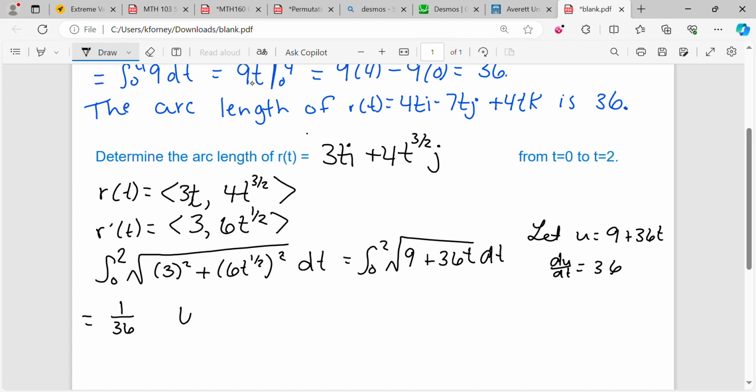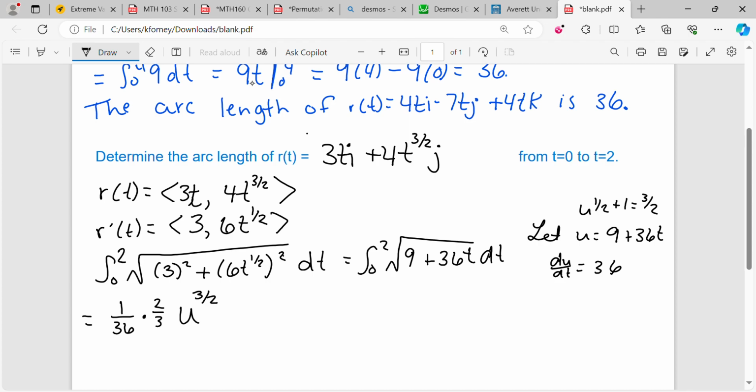We're going to have our u. U is currently right now to the 1/2. So this is u to the 1/2. And so when we undo that, instead of subtracting 1, we would add 1, which is a 3/2. So that's going to become u to the 3/2, which lets us know we're going to multiply by the reciprocal.